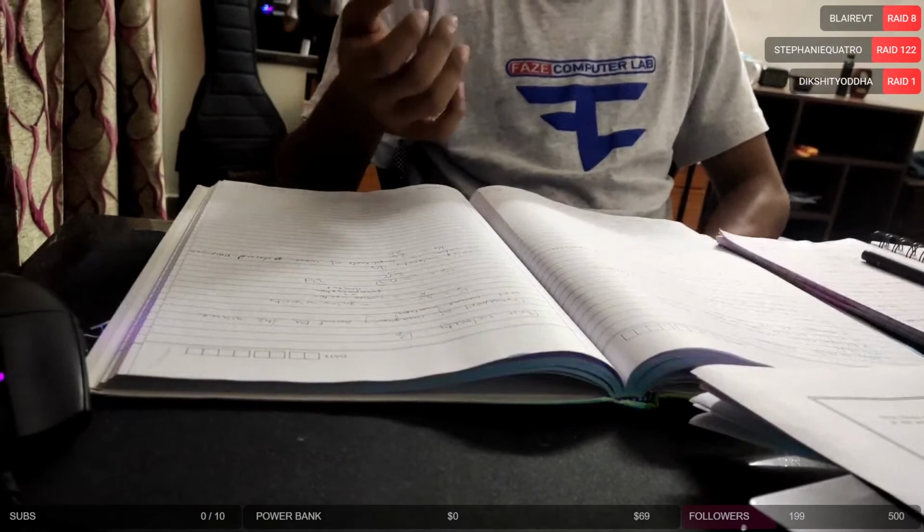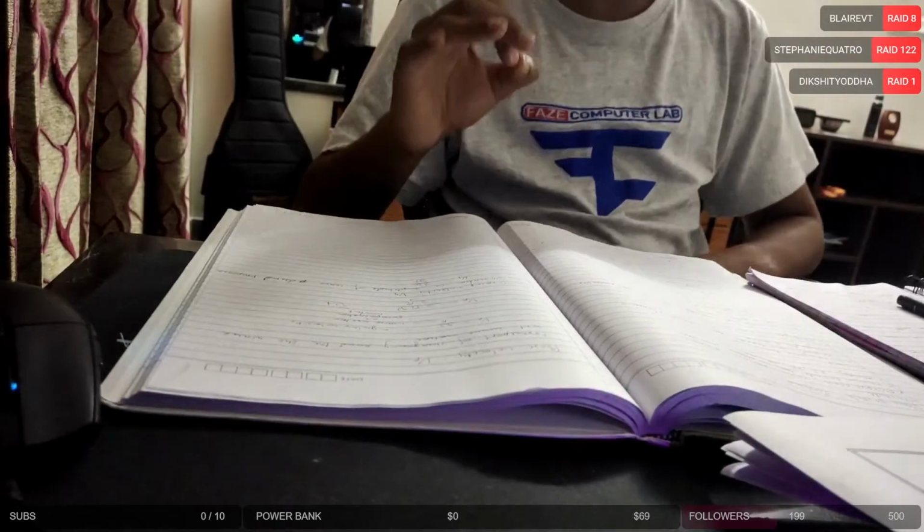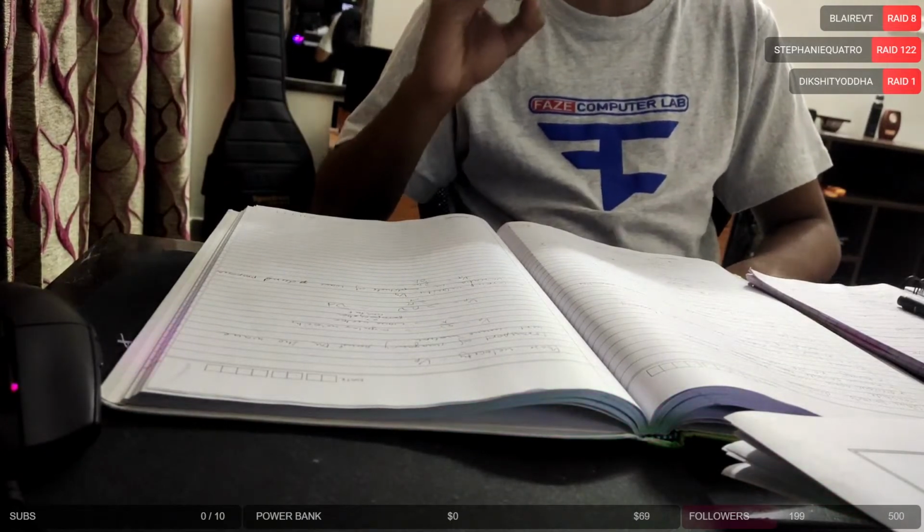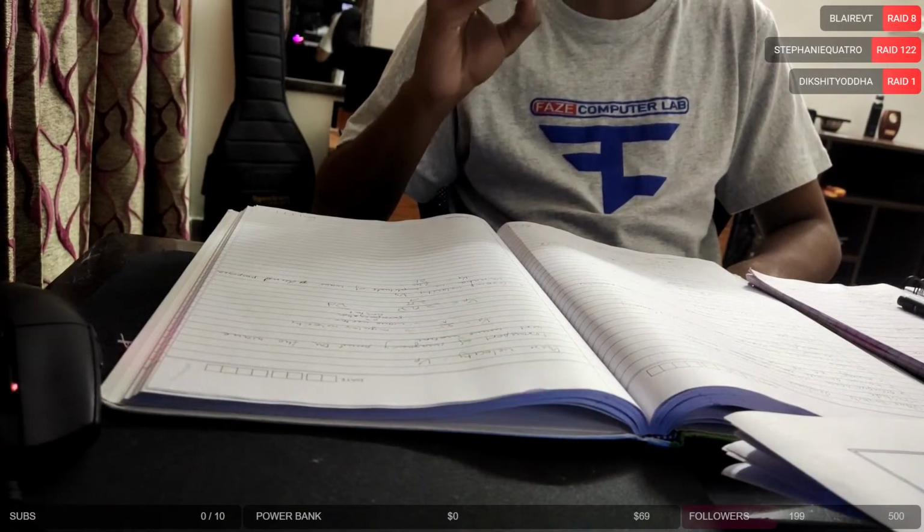Now the de Broglie wavelength lambda is equal to h over the momentum. The value of an electron charge, you know that, right? 1.6 into 10 raised to the power minus 19.